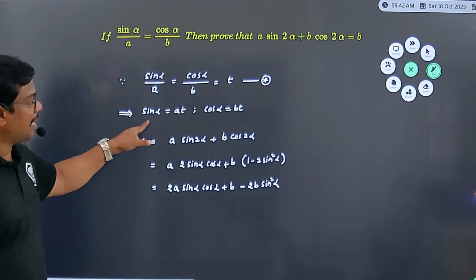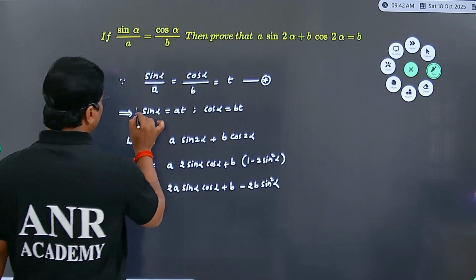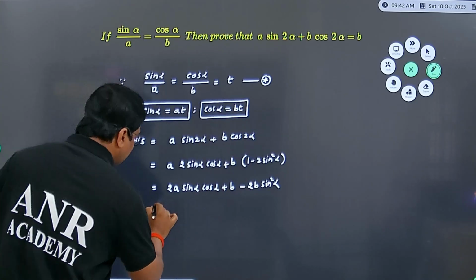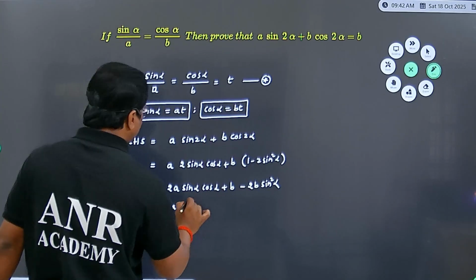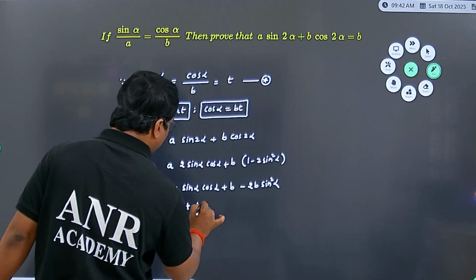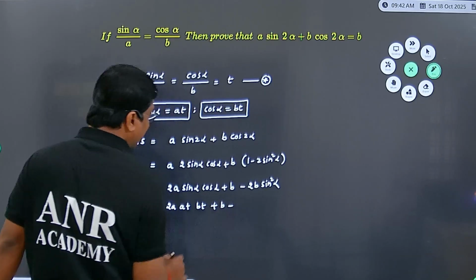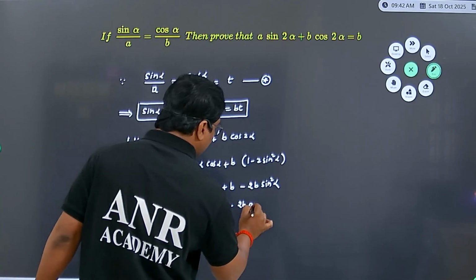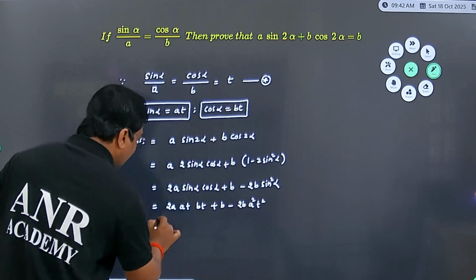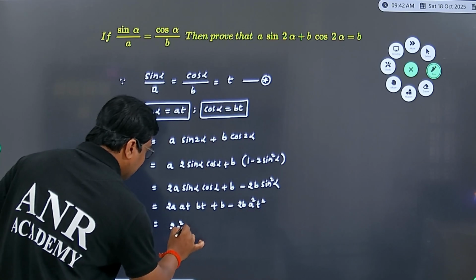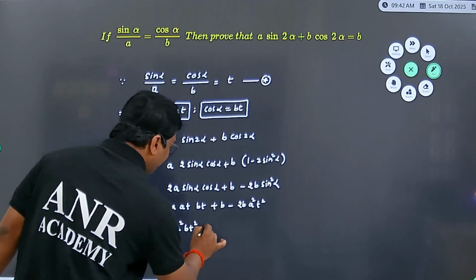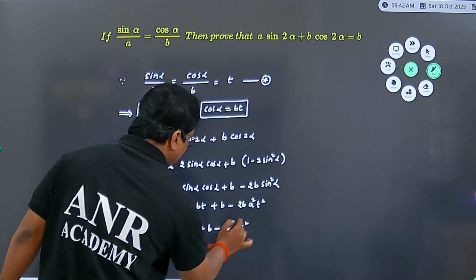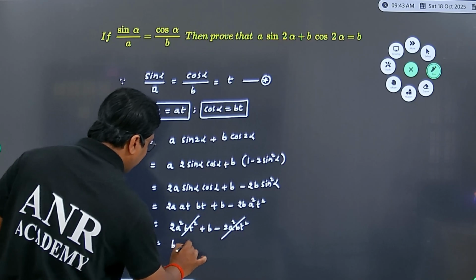Substitute the values of sin alpha and cos alpha in this: sin alpha is at, cos alpha is bt. So we get 2 times a square b t square plus b, next minus 2 times a square b t square. These two terms get cancelled and we get the solution b.